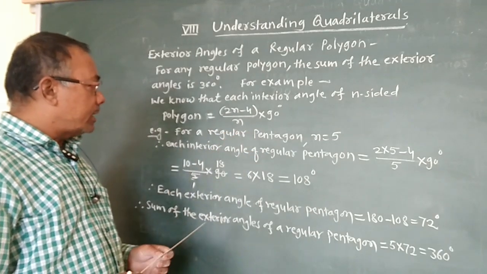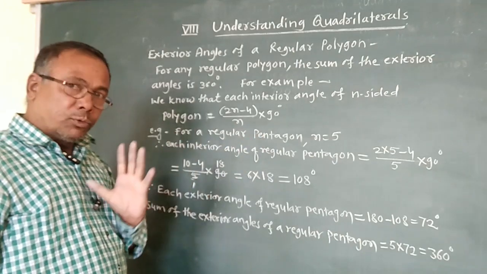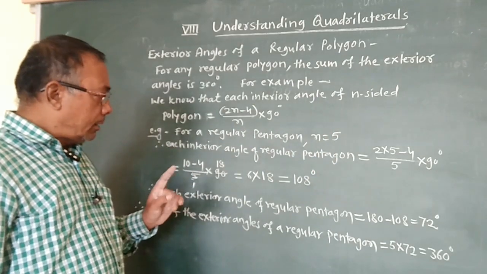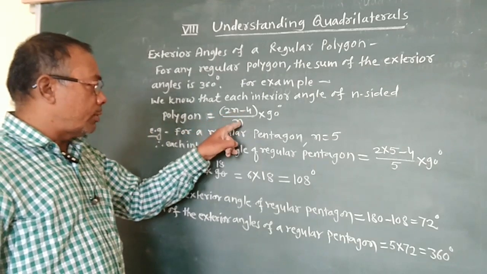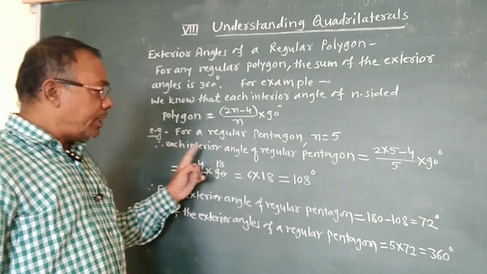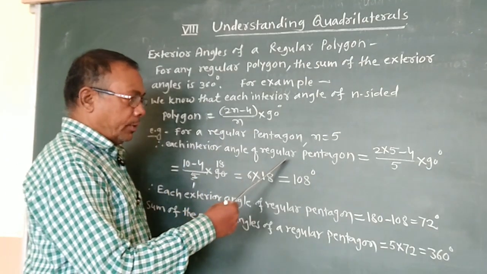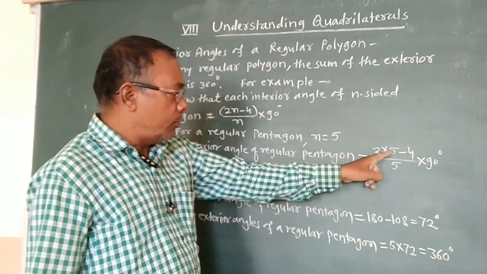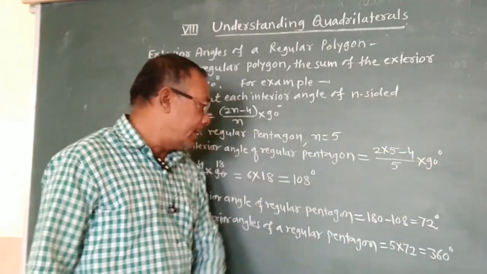For example, we will consider a regular pentagon. Pentagon means 5 sides are there, so n is equal to 5, and first of all we apply this formula, (2n minus 4) upon n into 90, to find each interior angle of a pentagon. So each interior angle of a regular pentagon is equal to (2 into 5 minus 4) divided by 5 into 90 degrees.